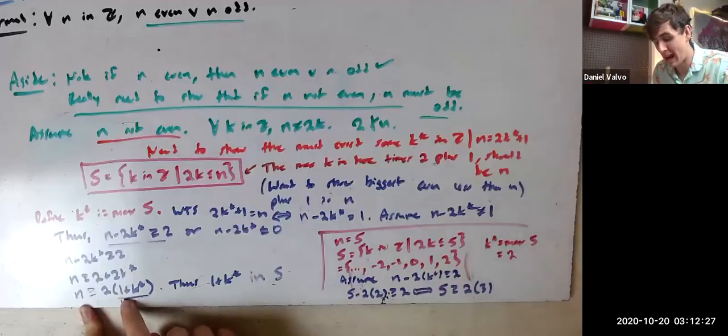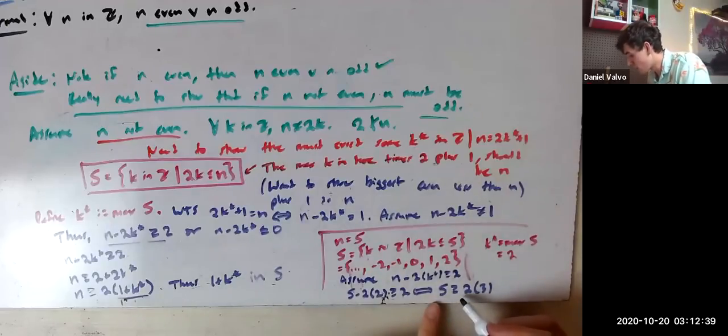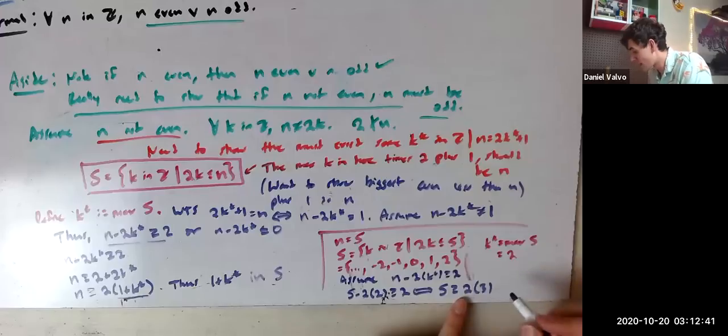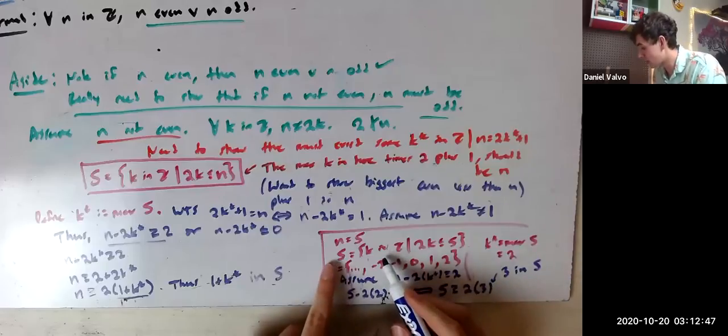Why is it that n can't be greater than or equal to 2 times 1 plus k star? It's not so obvious that that's false. But look at this. In this case, if 5 was greater than or equal to 2 times 3, this means that 3 is an S by definition.